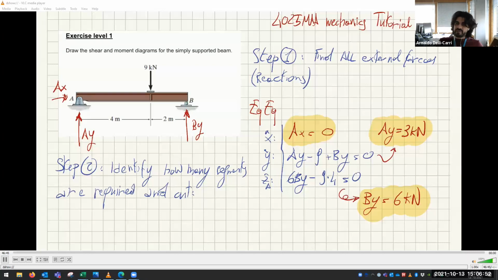So how many segments do we need to study this beam into? Remember, the idea is that you can go from here to here and nothing happens. So you must stop in this region. This is segment 1, and that means that we have segment 2 here. Segment 1 goes from 0 to 4 meters, and segment 2 goes from 4 to 6 meters.